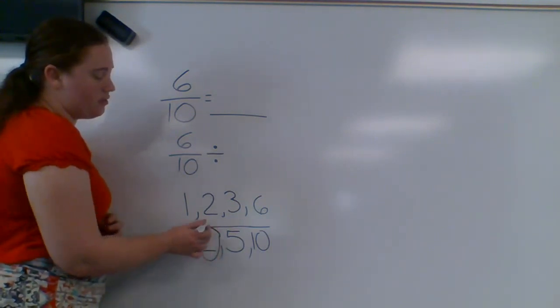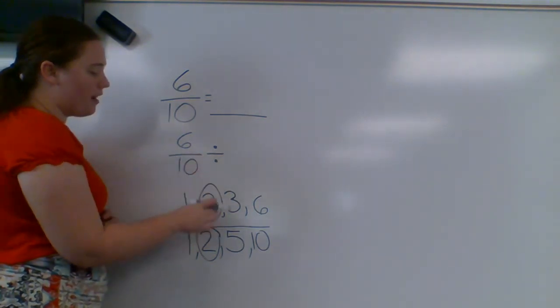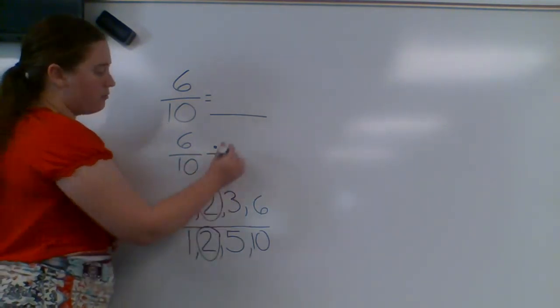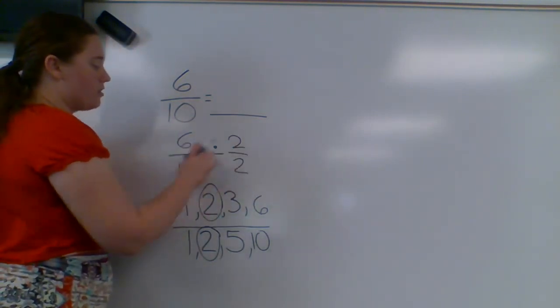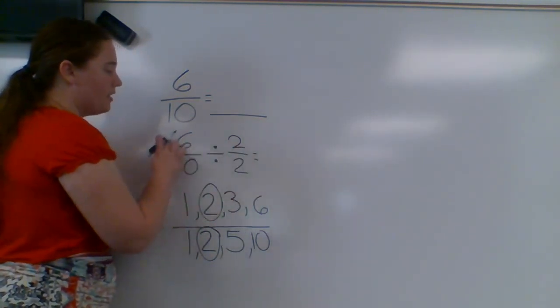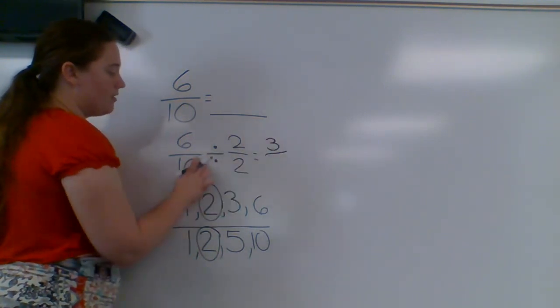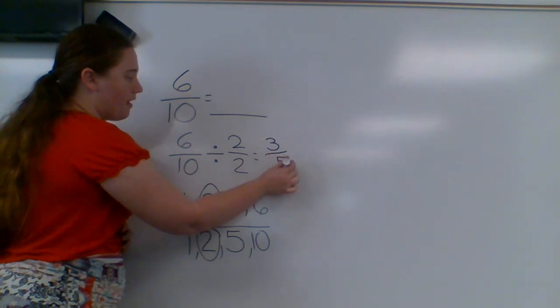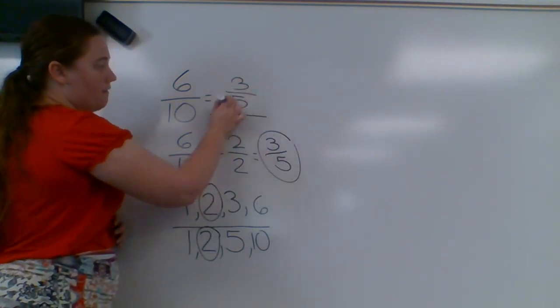So I'm going to do 6 over 10 divided by 2 over 2. Go ahead and do that. Divide across the top, divide across the bottom. 6 divided by 2 is 3. 10 divided by 2 is 5. And that's my answer, 3 over 5, or three fifths.